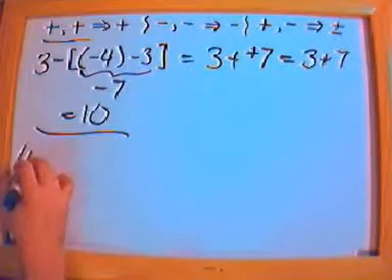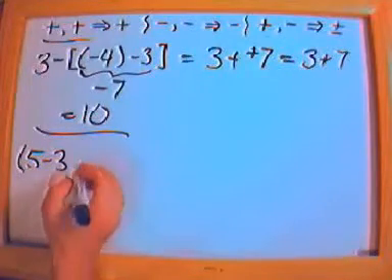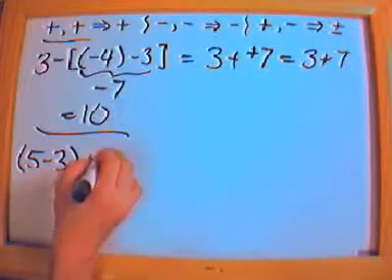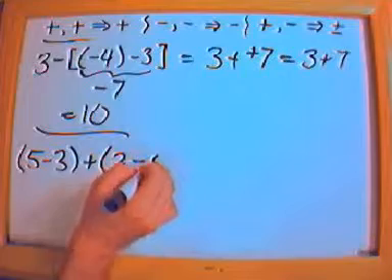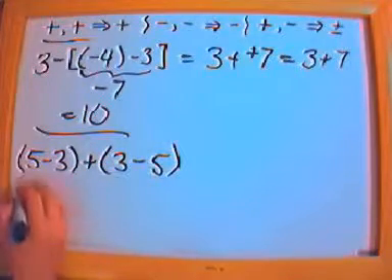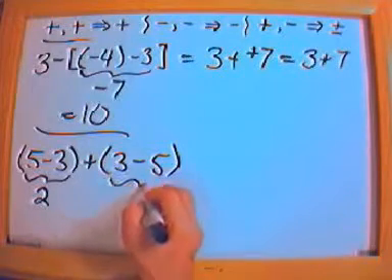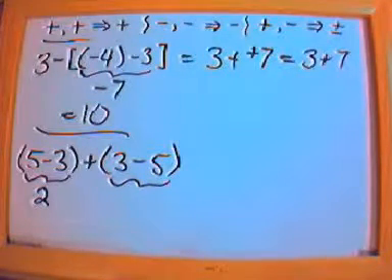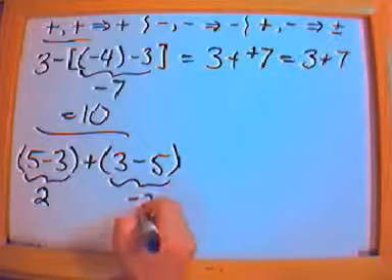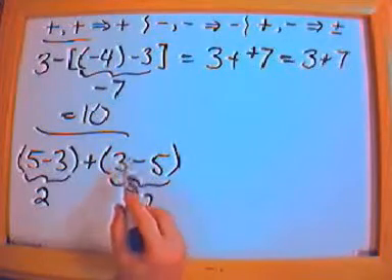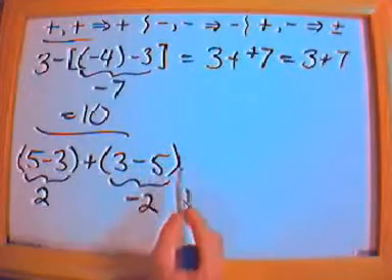Okay, let's say we've got 5 minus 3 plus 3 minus 5. Well, what's 5 minus 3? You know that from second grade. That's 2. 3 minus 5 is really the same thing, except it's negative 2. The reason it's negative 2 is because this is like 3 plus a negative 5.